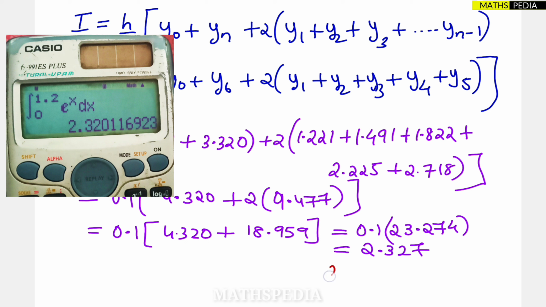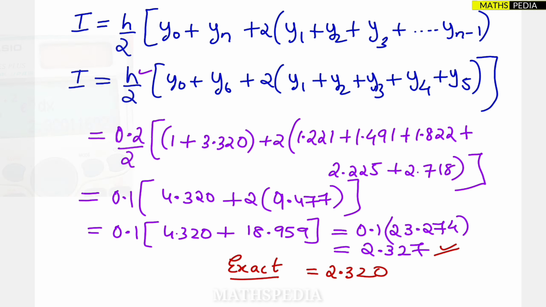This is the exact value. We call it the actual value or exact value using the calculator. If you directly substitute the definite integral, that is upper limit minus lower limit, you will arrive at this. So this answer is using the numerical integration method, and we got the exact value using the calculator also.